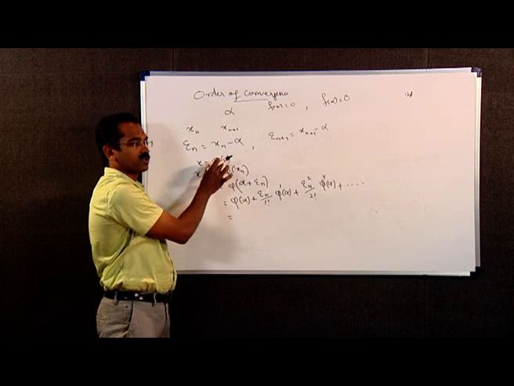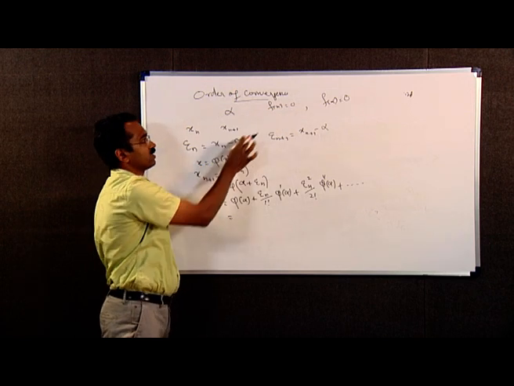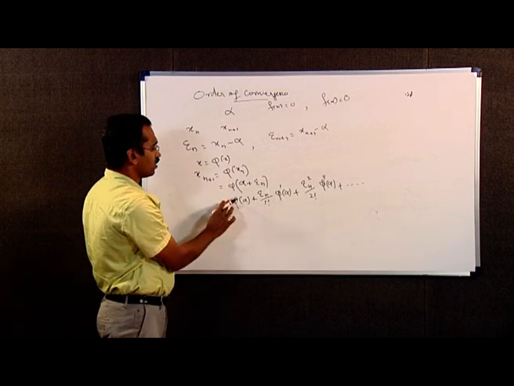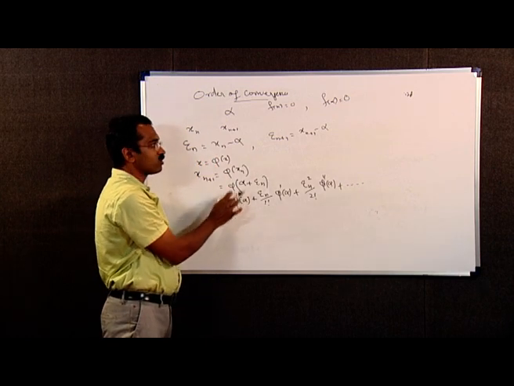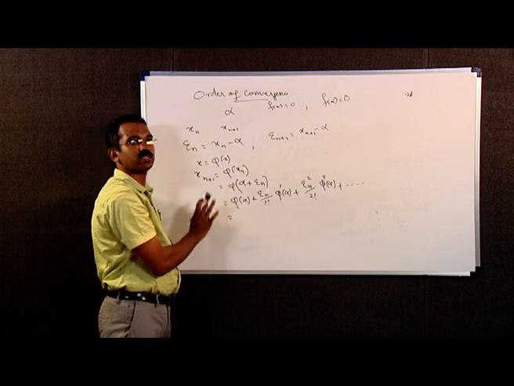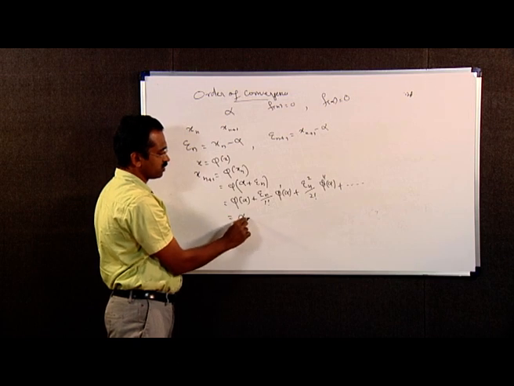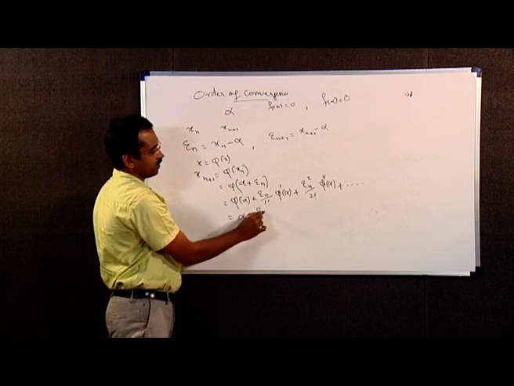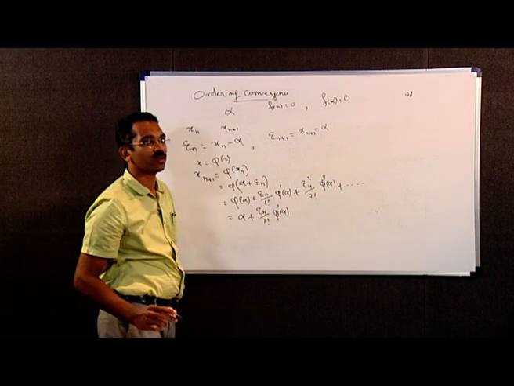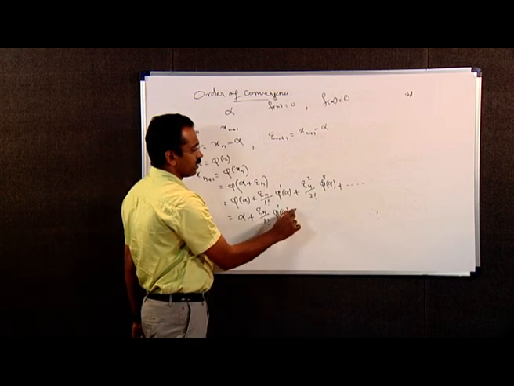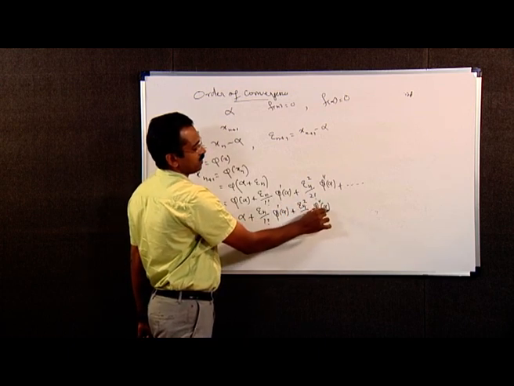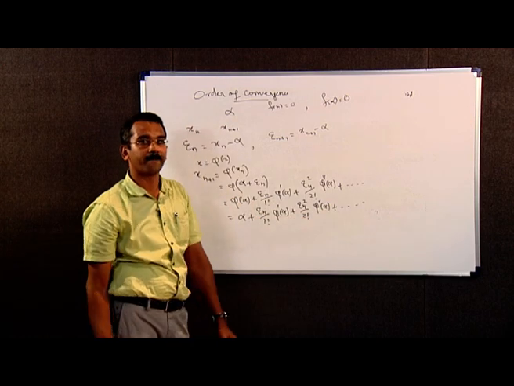We just rewrite this equation f of x equal to 0 as x equal to phi of x. Therefore, since alpha is the root of the equation, phi of alpha is equal to alpha itself, that is alpha plus epsilon n by 1 factorial into phi dash at alpha plus epsilon n square by 2 factorial into phi double dash at alpha plus etc.